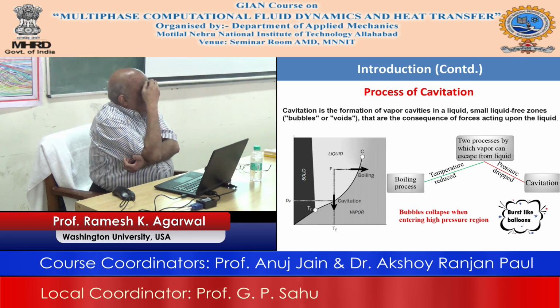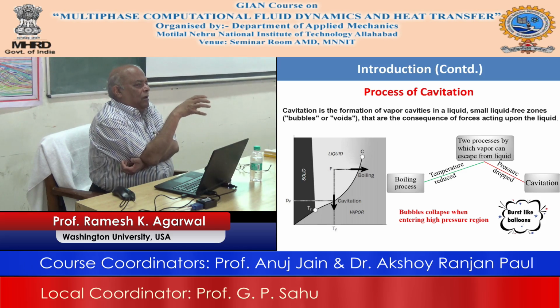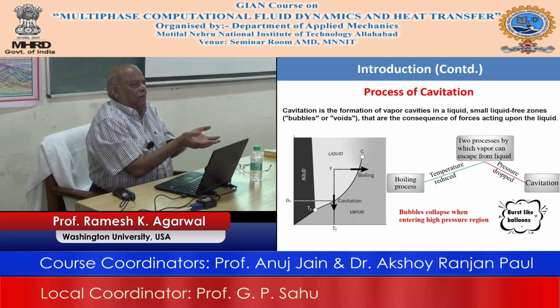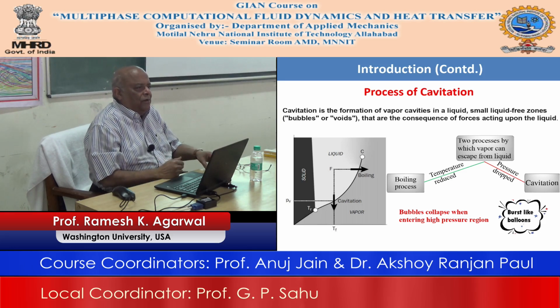So the idea here is that, as I said, if you have these bubbles, they will impair the efficiency of the machine. How do they impair the efficiency of the machine? What does the machine contain? Suppose you have a centrifugal pump, a rotating machinery. It has a hub and 4 or 8 or 16 blades.